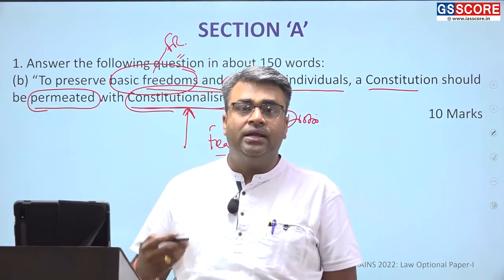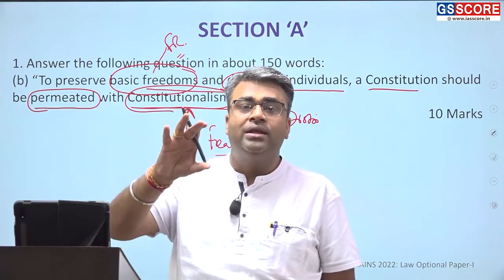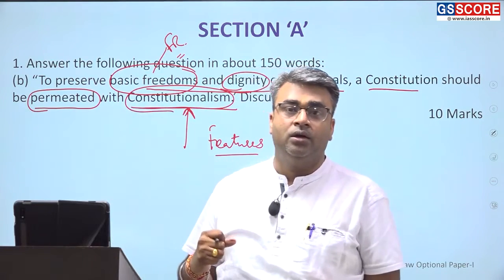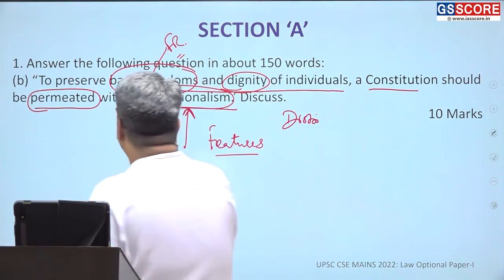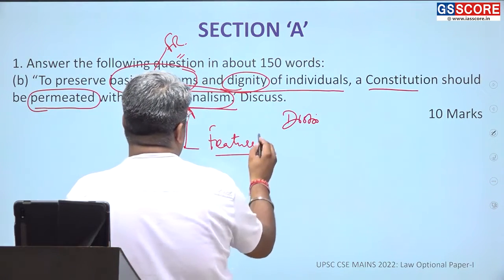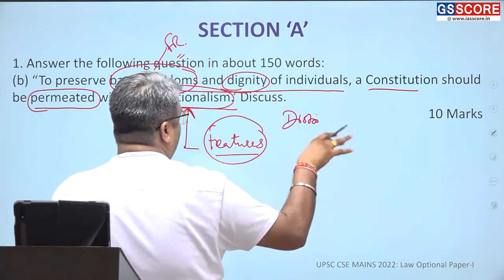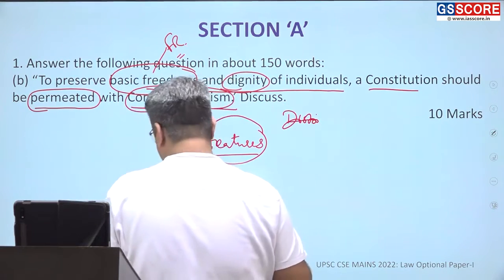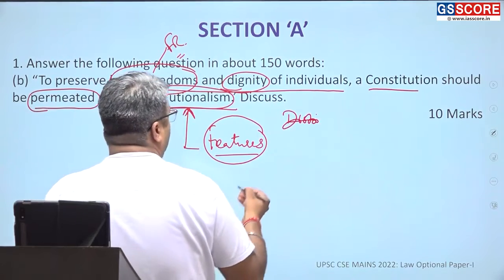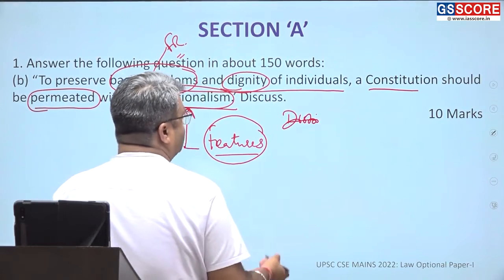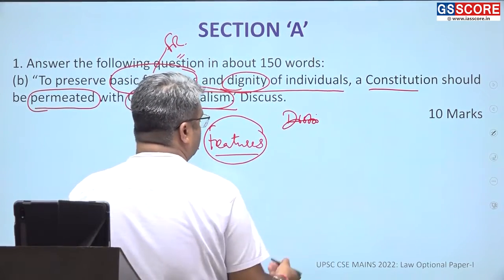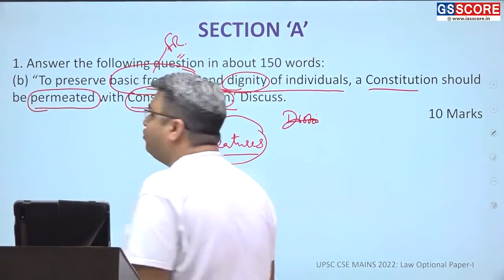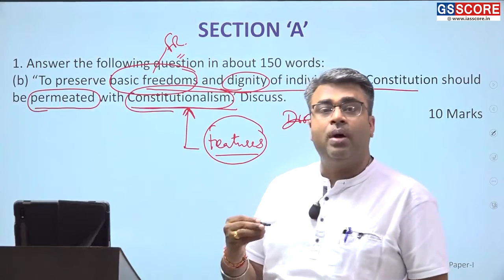So it is basically about controlling or regulating the sovereign, the government, the power, the authority. This particular constitutionalism concept provides that the government should not be using its power in an arbitrary manner. For that purpose, our constitution already has a few features which provide a mechanism of keeping a check upon the powers of the government.